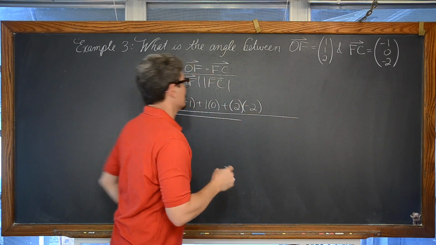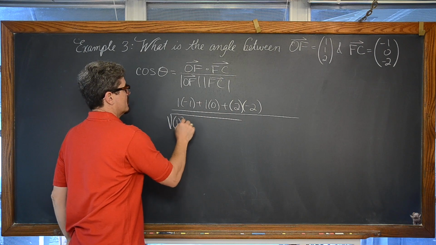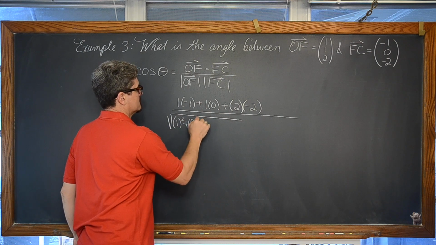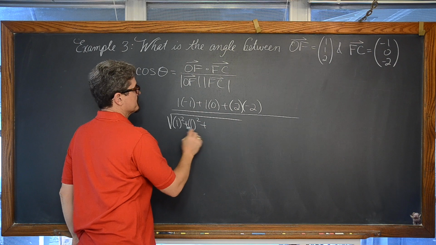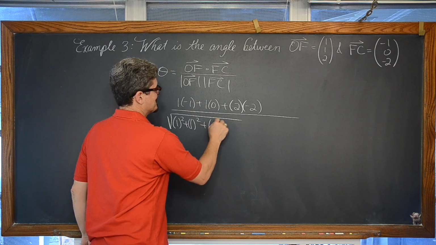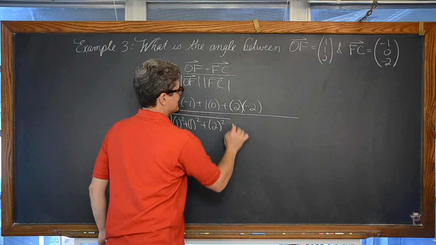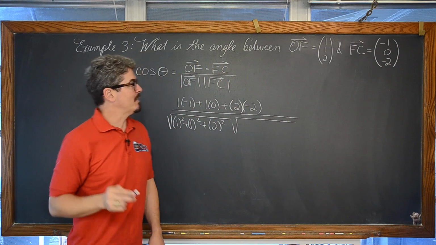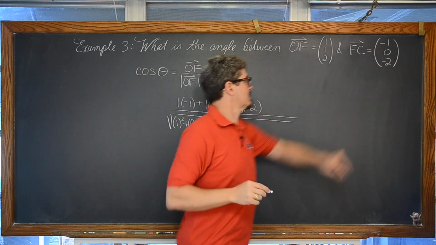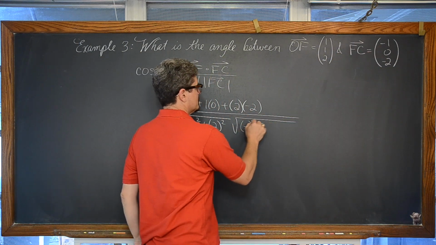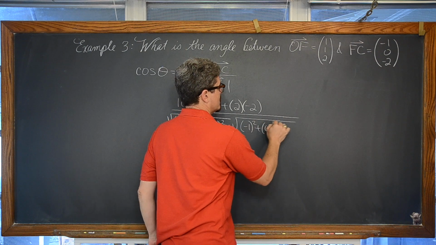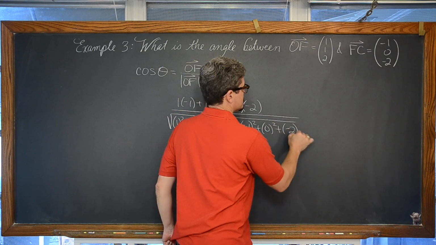We're going to take the square root of 1 squared plus 1 squared plus 2 squared. That's going to get multiplied by the magnitude of vector FC. So we're looking at the square root of negative 1 squared plus 0 squared plus negative 2 squared.